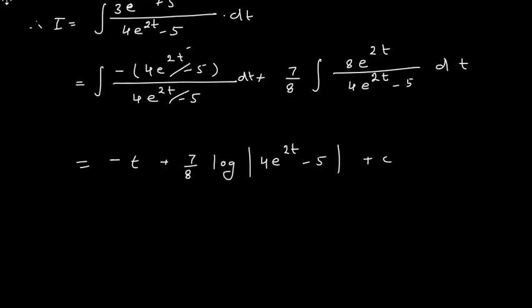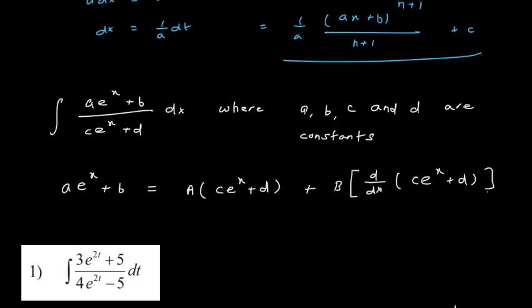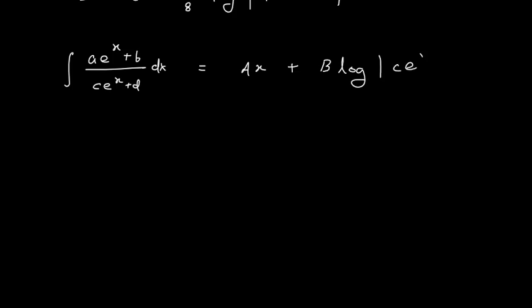So what you will observe is that in this kind of problem your answer is a times your variable, a times t, plus b times log of the denominator. So if I say what answer I will get for the integration of (a e^x plus b) upon (c e^x plus d), I will get a into x, plus b into log of (c e^x plus d), plus some constant.